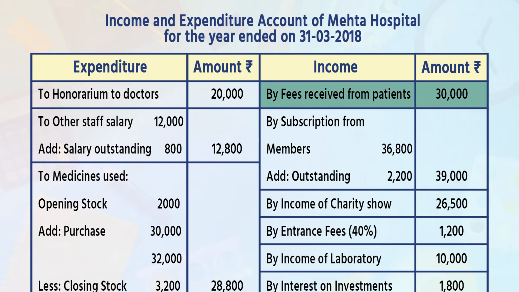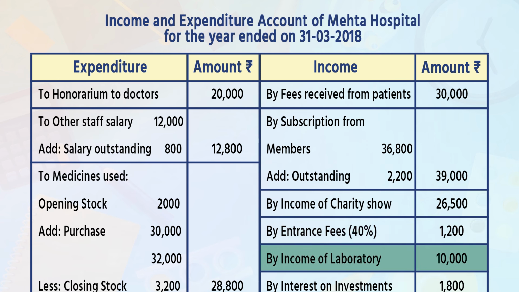Now come to the next side, that is income. Here the first point is fees received from patient 30,000. Subscription from members in the inner column 36,800. Add outstanding 2,200 to the outer column 39,000. Next, income of charity show 26,500. Entrance fees, we have to take 40% over here, so it will come to rupees 1,200.